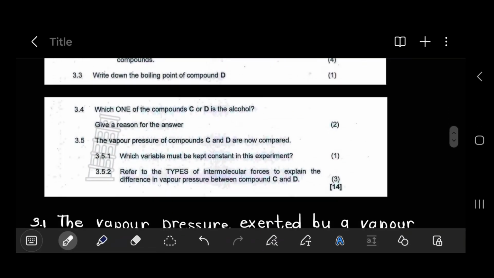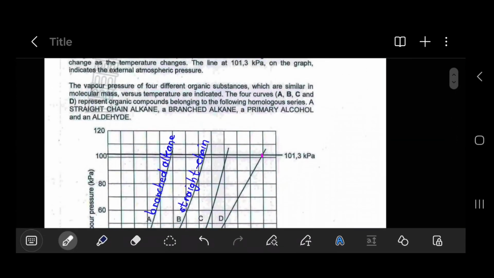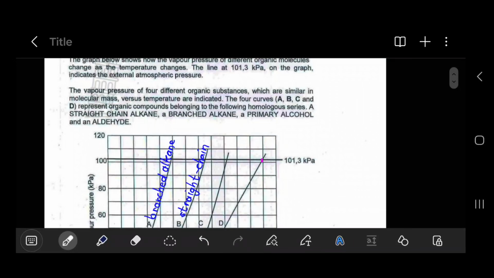3.4 says which one of the compounds C or D is the alcohol, and give a reason for your answer. Now here's the thing. From what we are left with, C and D are going to represent the alcohol and the aldehyde.